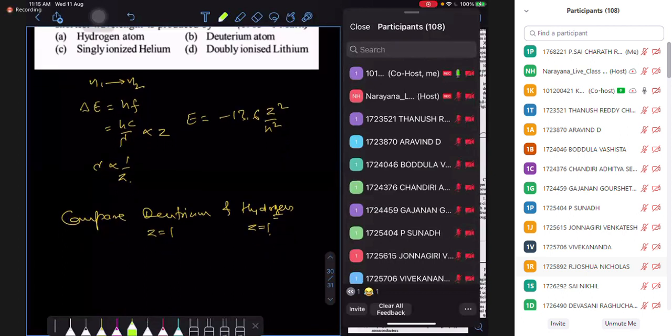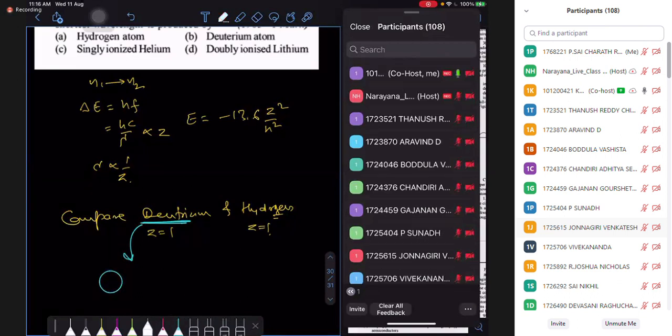Hydrogen has one proton in the nucleus, and one electron revolves around it. But in deuterium, you have a proton plus one neutron also. So that is a slight difference in the nucleus.